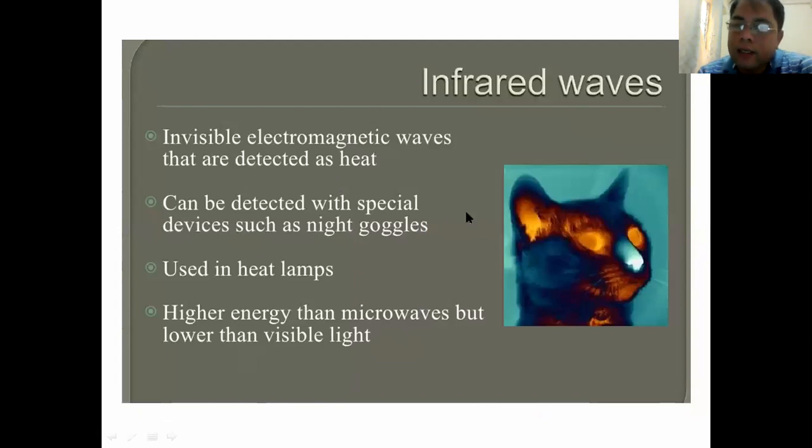Infrared waves are felt like heat, a form of heat, and we can detect it because it reaches us in the form of heat. Now I think some special devices like night vision goggles, for those who fly planes or helicopters that do not have night navigation equipment, they may wear night vision goggles so they can see even in the dark.